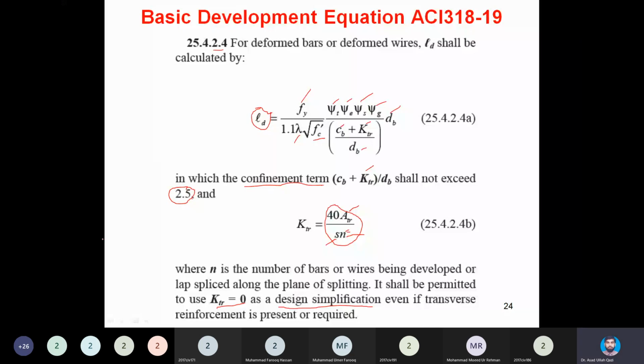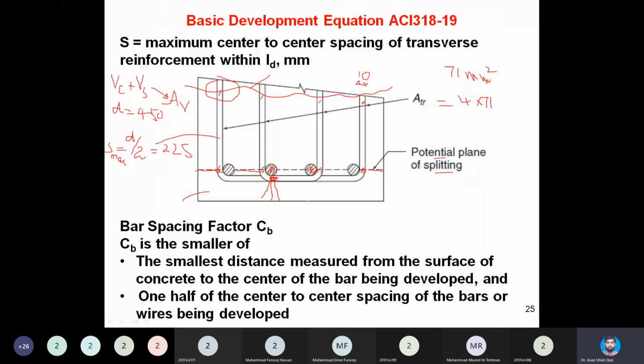And then, along with this KTR, there is another factor CB, which I can also explain through this picture. CB is the governing cover parameter. ACI recommends that it is the smaller of the smallest distance measured from the surface of the concrete to the center of the bar being developed.